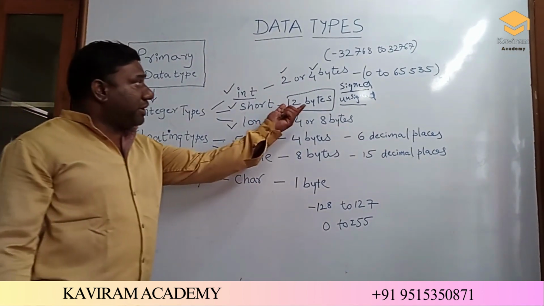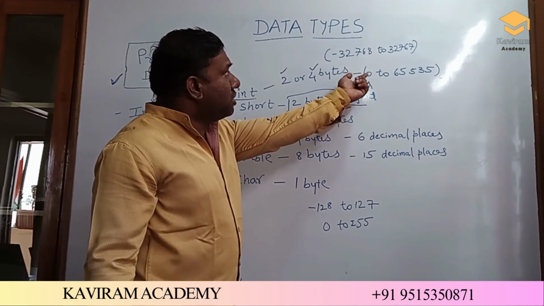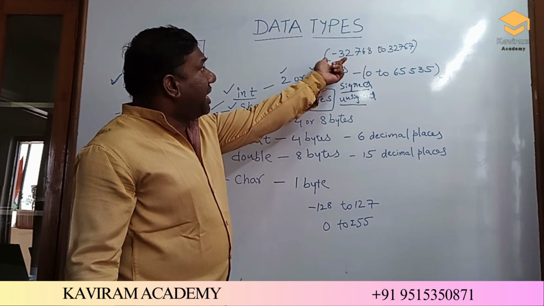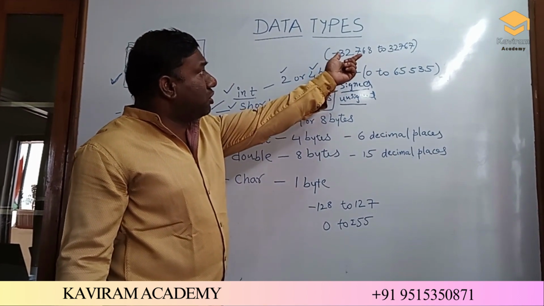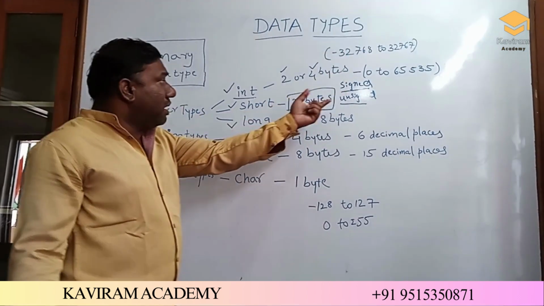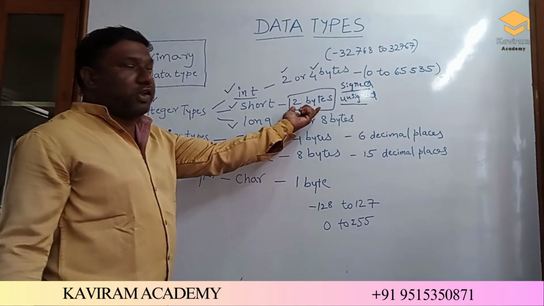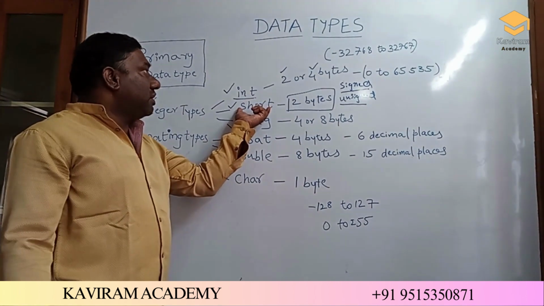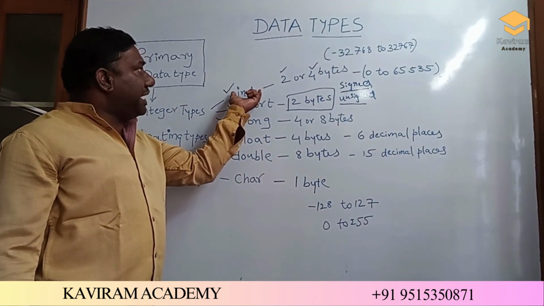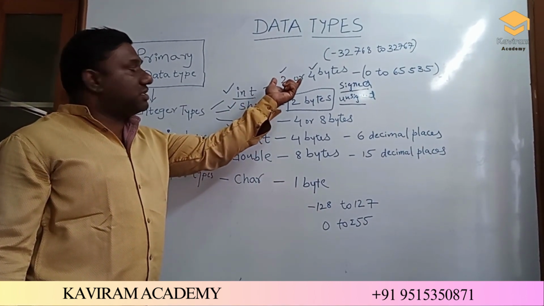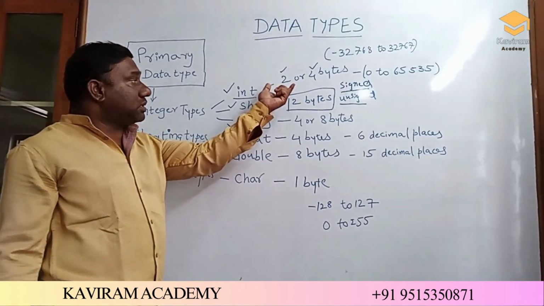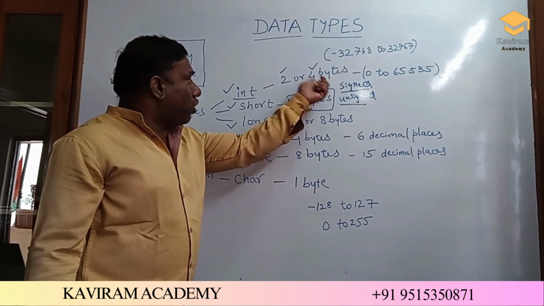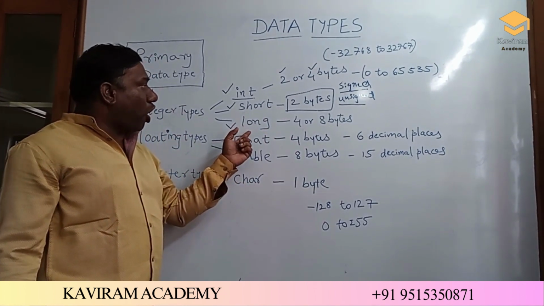The values will be 2 bytes, similar to this one, 0 to 65,535, and minus 32,768 to 32,767, because it occupies 2 bytes. Whenever you have a value which can occupy 2 bytes, we can go for short. Similarly, we can also go for int. Depending upon your processor's operating system, it can be allocated 2 bytes or 4 bytes.